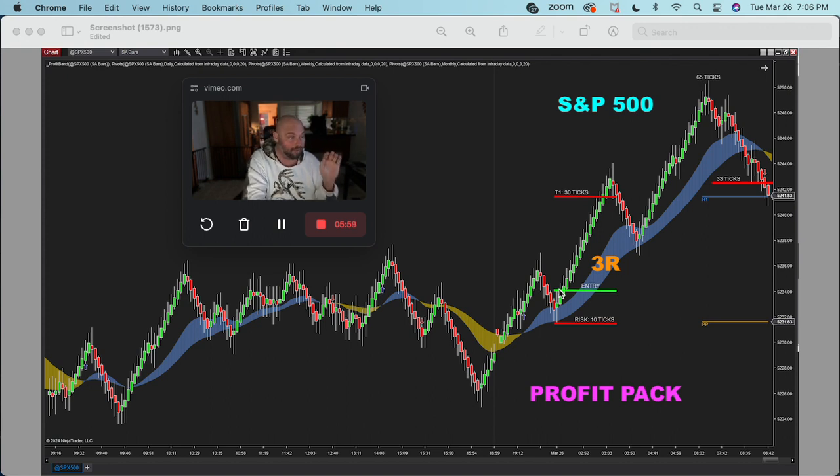Now, the balance of my trade is ultimately dictated by the market either rejecting and hitting my stop loss for break even on the balance of my trade, or gracing me with the opportunity to take more profits. You'll notice that the market pulled back through the profit band one more time.